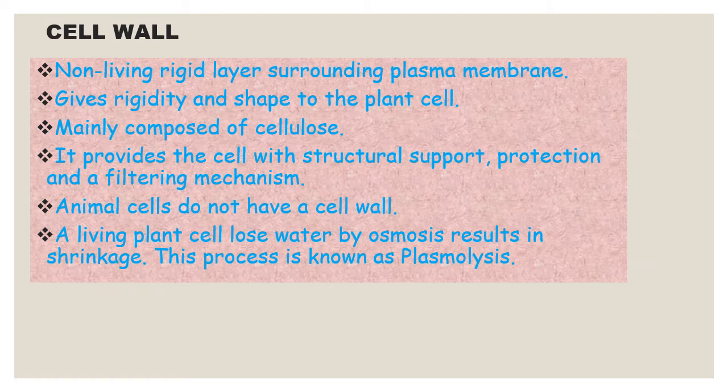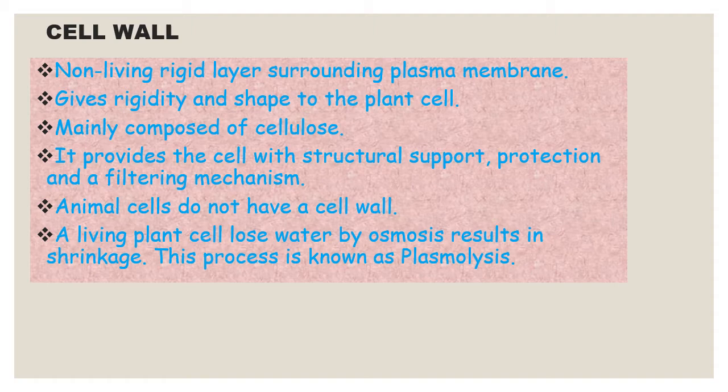What is a cell wall? I told you the first layer which is making the plant cell is cell wall. It is helping the plant cell to protect from unfavorable conditions like temperature or any other unfavorable conditions.